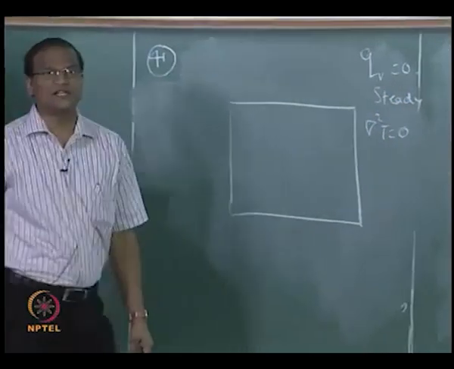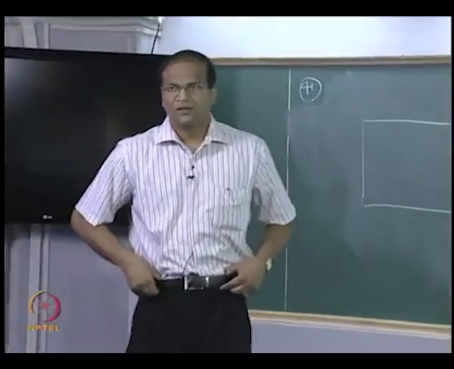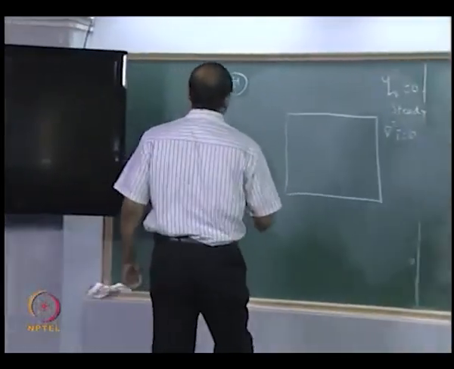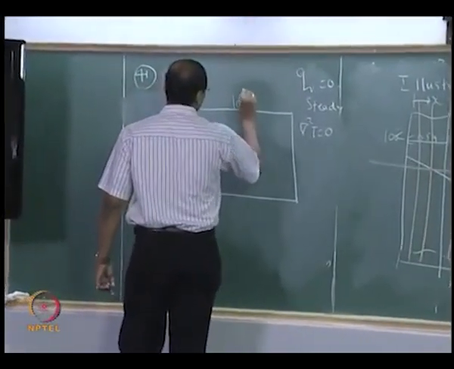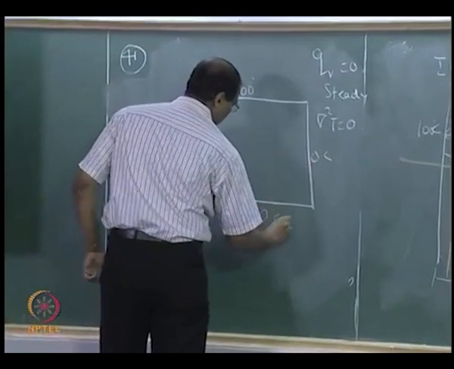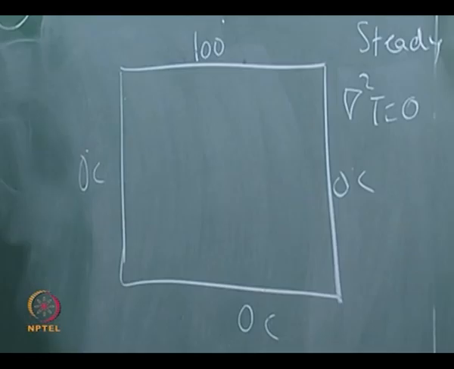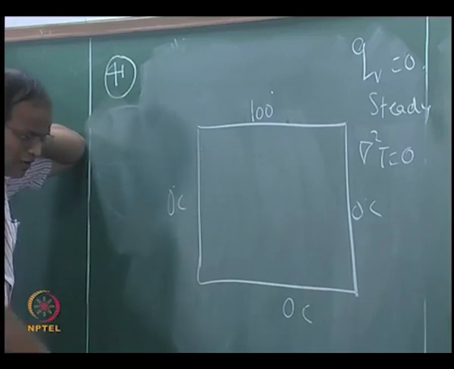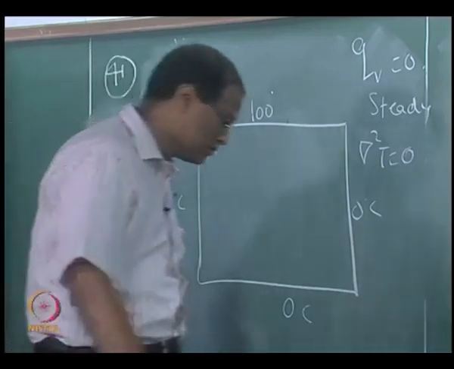The governing equation is del square T equal to 0. What is this? Laplace equation. Suppose I say this wall is at 100, all the three other walls are at 0 degree centigrade. How will the isotherms look like?